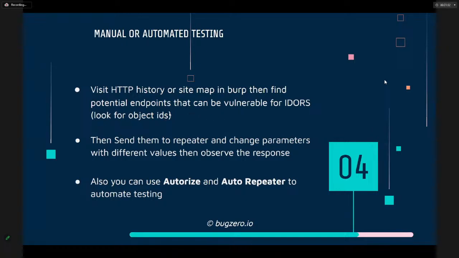So when I find that kind of endpoint, I send it to Repeater and manually investigate by changing the parameters in there.